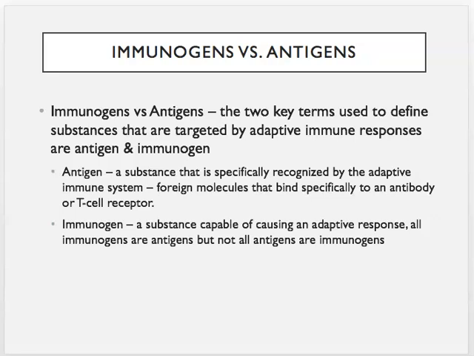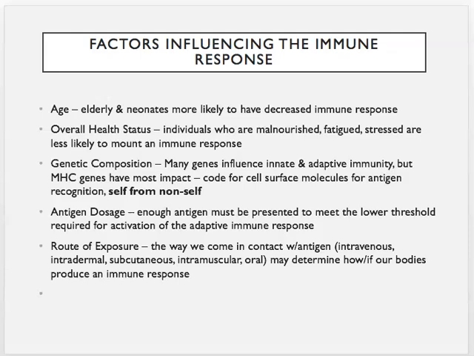And then an immunogen is a substance that's capable of causing an adaptive response. So all immunogens are antigens, but not all antigens are immunogens. Some of the different factors that can influence the immune response, and we've talked about several of these before in micro: Age.